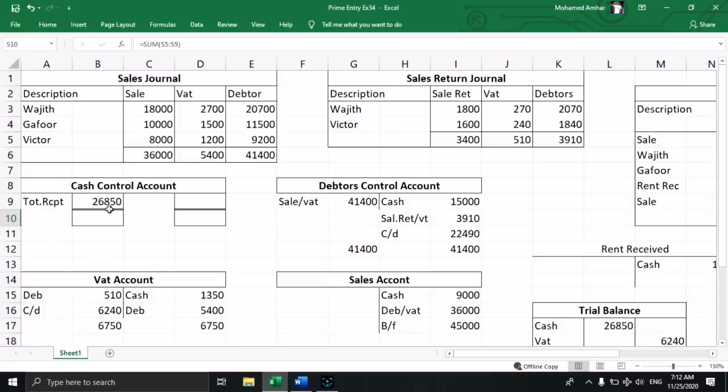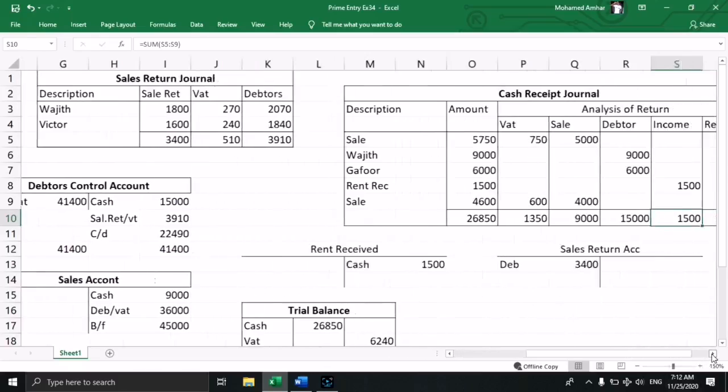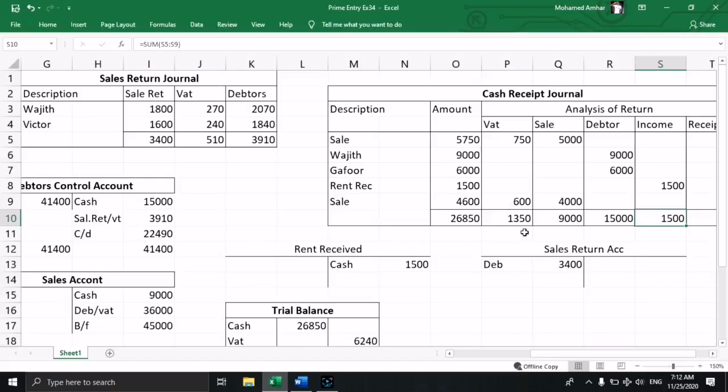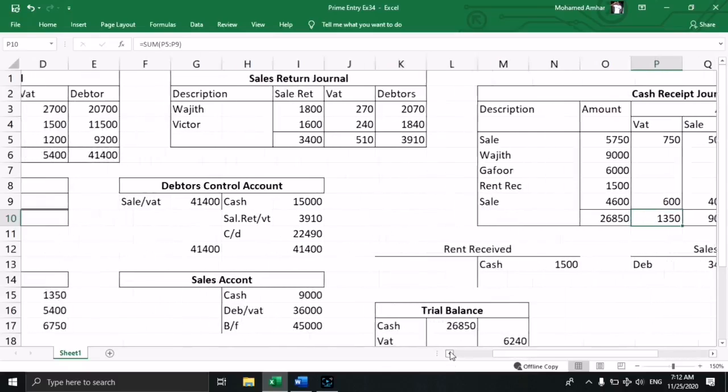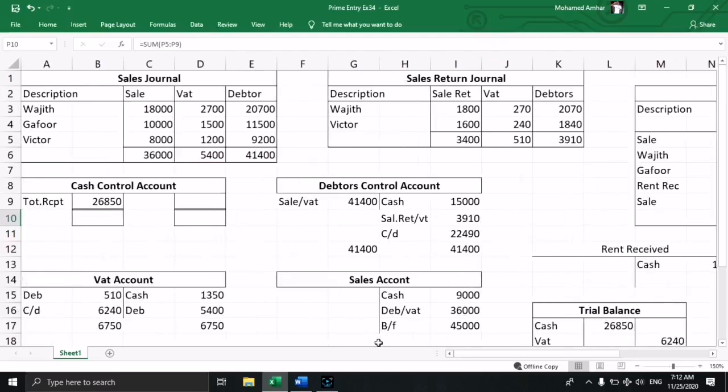Now the other columns' totals should be credited. VAT account should be credited 1,350. Right. Check whether credited 1,350 in the VAT account. Yes, here 1,350 VAT account credited.